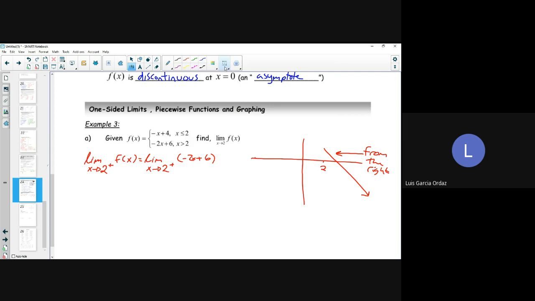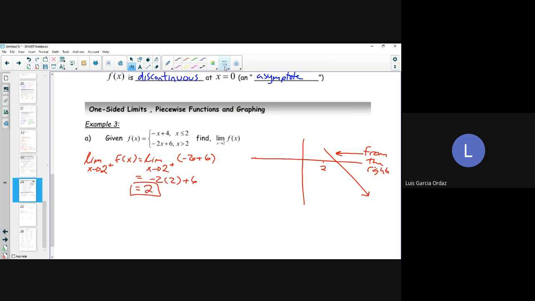So because there's no denominator, I can automatically sub in my 2. So we get negative 2 times 2 plus 6. So what is my limit as x approaches 2 from the right? 2.